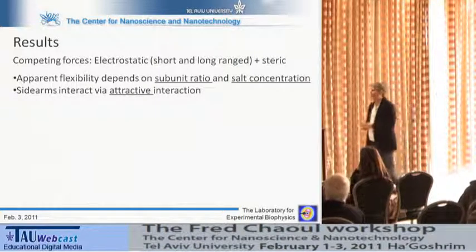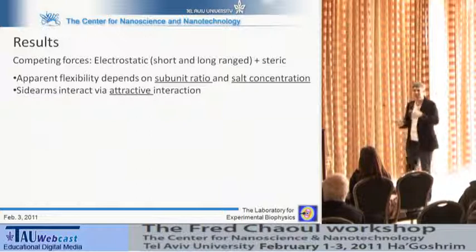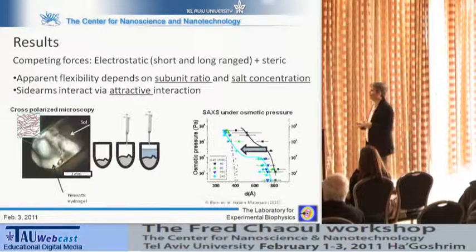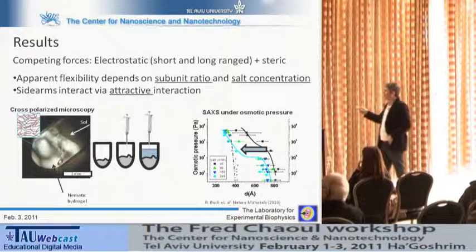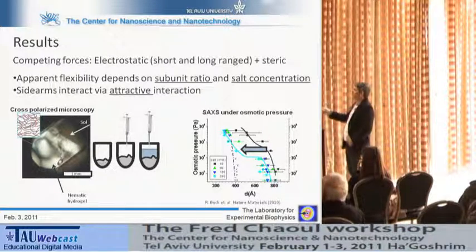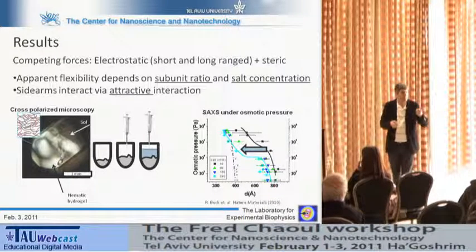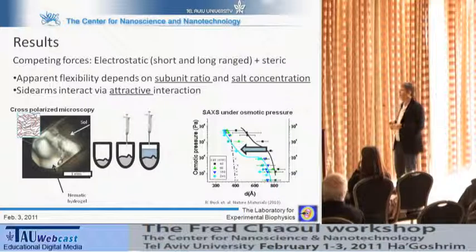You have something that is also attractive. And this attractiveness depends on the composition and on the salt concentration in your solution. This is exactly what we also saw in the small angle X-ray scattering study, that we have some attractive interactions that happen at different salt and in different compositions.